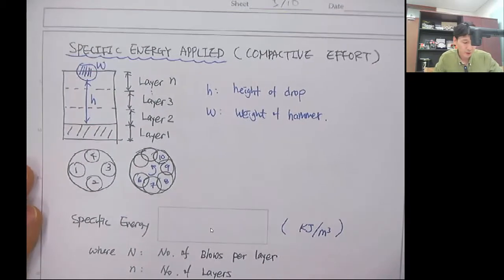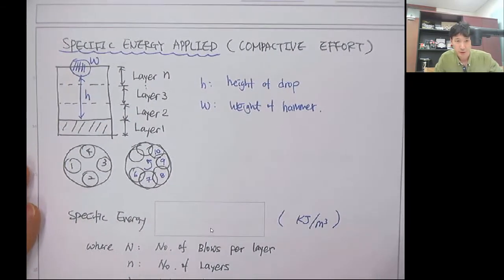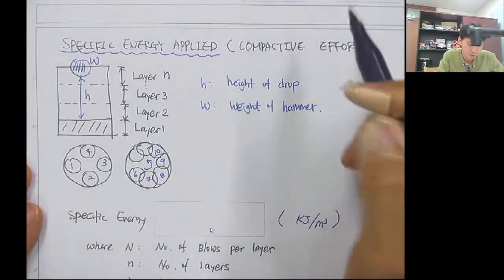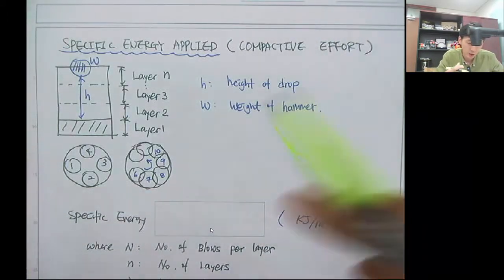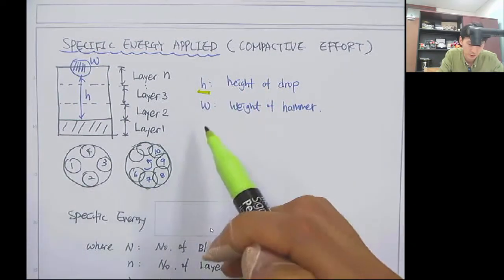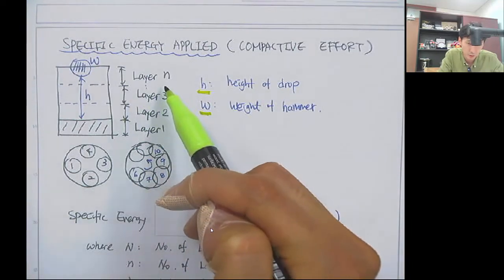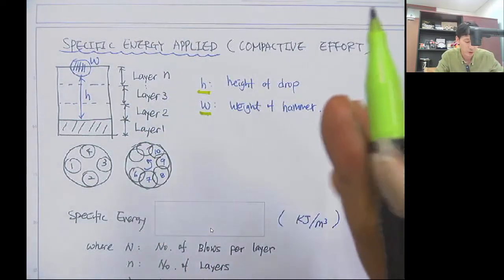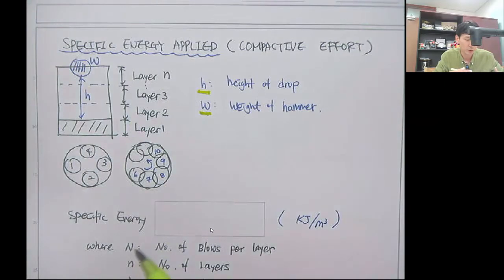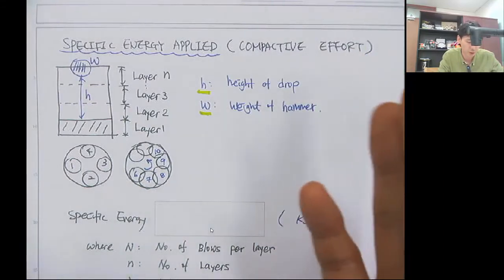When we calculate the specific energy applied, or compactive effort, it depends on several parameters. For example, how much height we drop the hammer. Right? So the height will be one factor, the weight of the hammer is another factor, and also the number of layers during the compaction. So for a given volume, we can tamp the soil in like 10 layers or 5 layers or 2 layers, right?